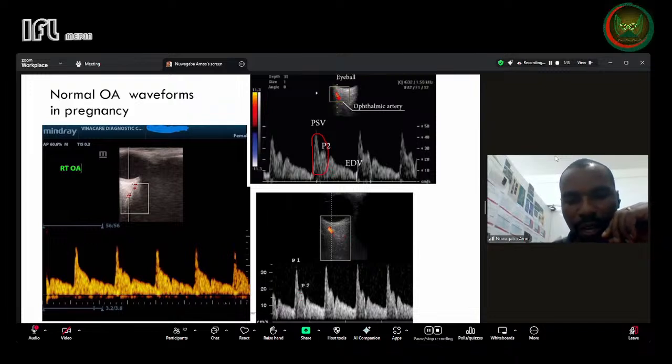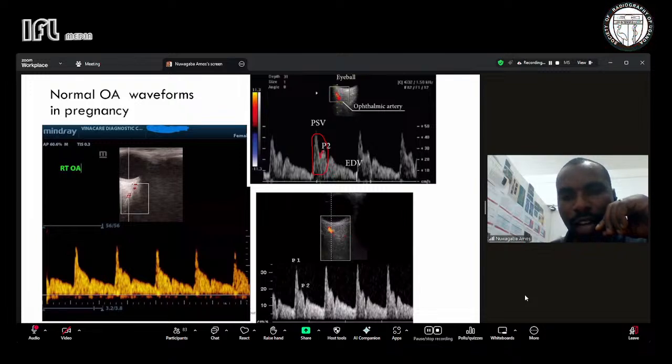And we saw a number of branches of the ophthalmic artery. The reflection from the branches of the ophthalmic artery will result in this notch. Dr. Pusias described to us how the notch comes about because of the reflection. Then that is the notch before the second peak.